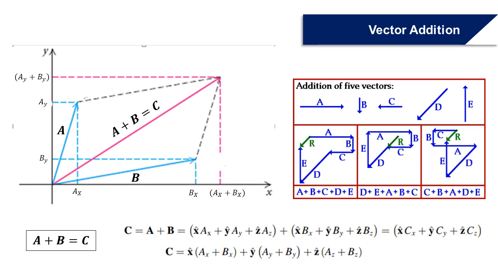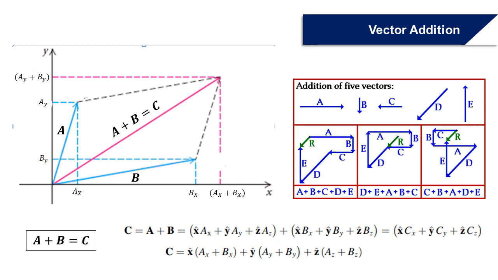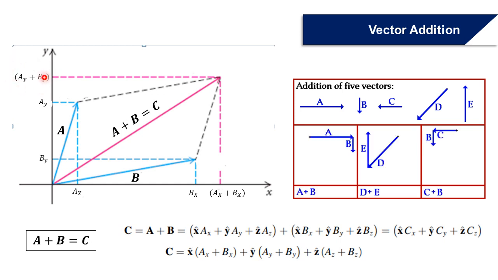Sa vertical components naman, we have the vertical components ng A, ito yan, A sub y, and the vertical component ng B, B sub y. So, yung sum ng vertical components ng dalawang vectors na yan, ito yan.